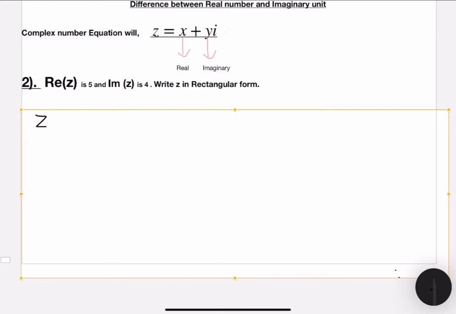Let's write it in rectangular form, where z equals x, and in this question the real number is 5, so we write 5 instead of x, plus y, the imaginary unit, which in this equation is 4, so we write 4i. So we have done the last question as well.